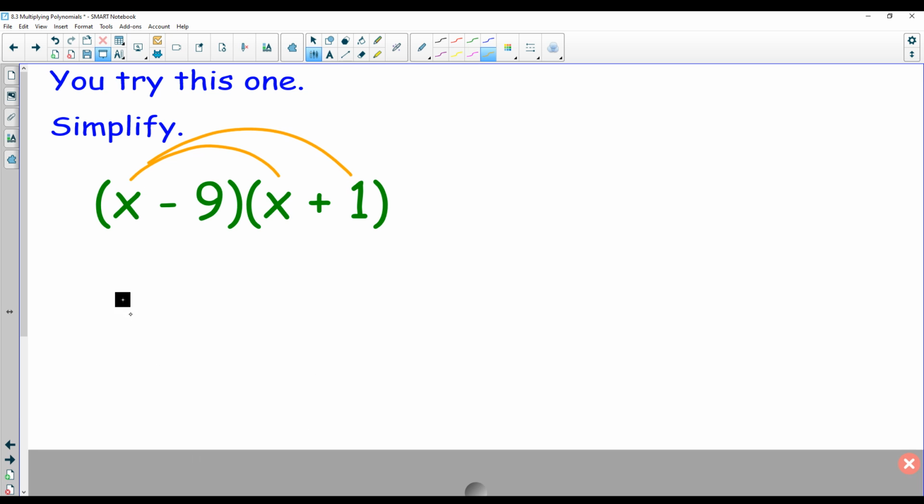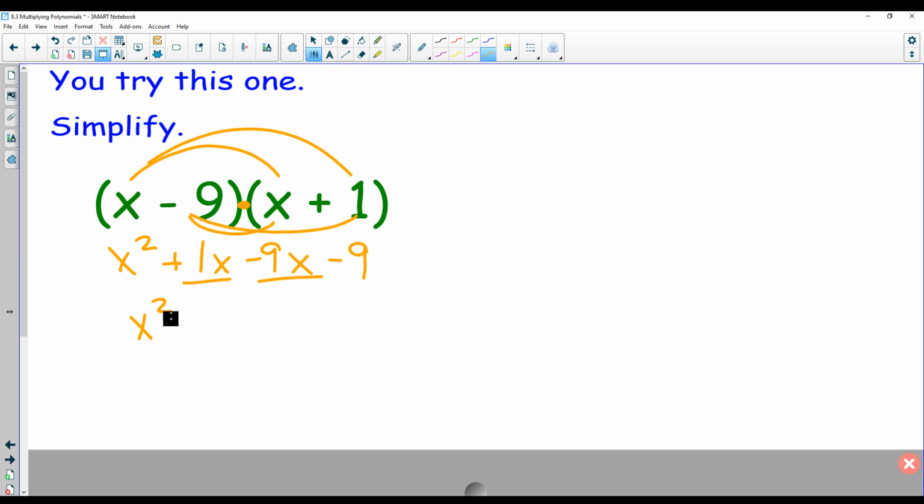So this would be x squared plus 1x, and then the negative 9x, and the negative 9. So be real careful here. Sometimes people see this negative and the plus, and they end up with an 8 there because they added it. Remember, you are multiplying. So this is multiply, multiply, multiply, multiply. Then you switch gears and you look for like terms. In the last problem, we didn't have any like terms, but here, those x's can be combined.